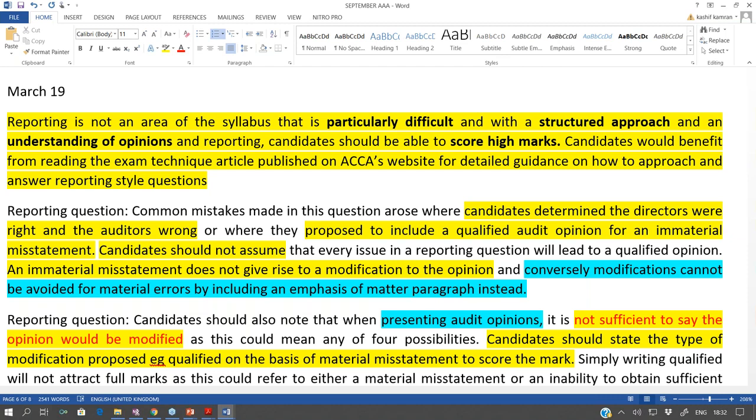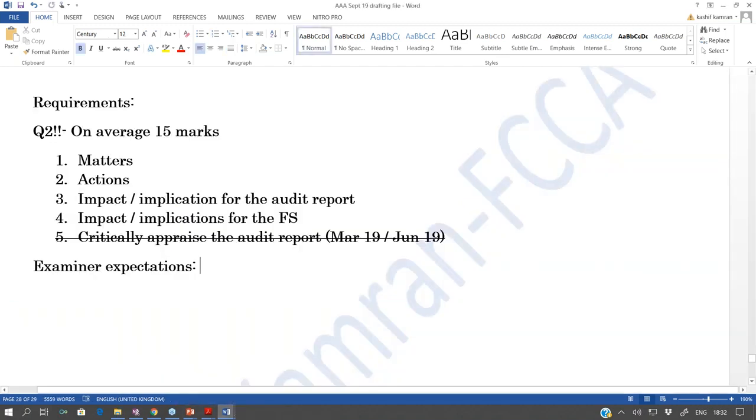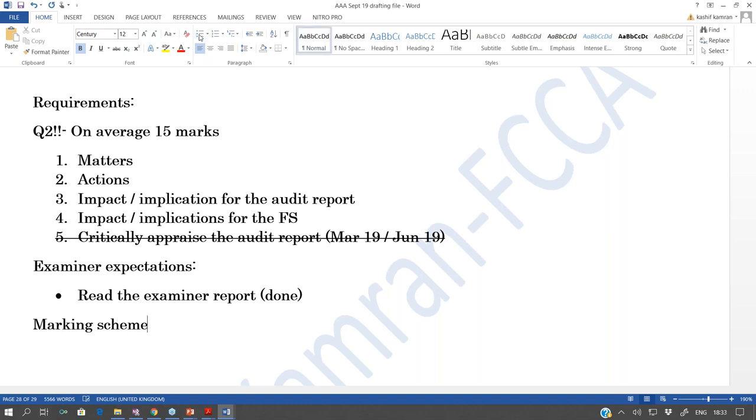Okay, the next and the last thing. We got the examiner expectations, and we read the examiner report for those expectations. So we have already done that, right? Next, marking scheme. Reporting has a very simple marking scheme. Across the reporting question, 1 mark per point.